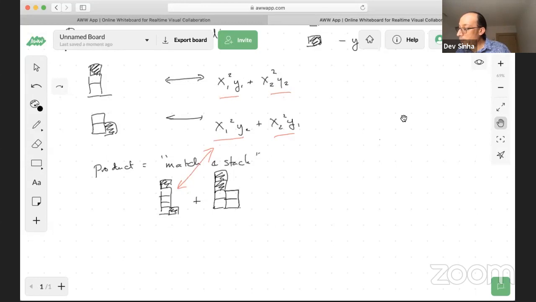Whereas if I take x1 squared y1 and then x2 squared y1, I get, let me just say, if I match them this way, I get this product. So that's a little calculation you can make. It's just a cute little way you can represent symmetric polynomials.